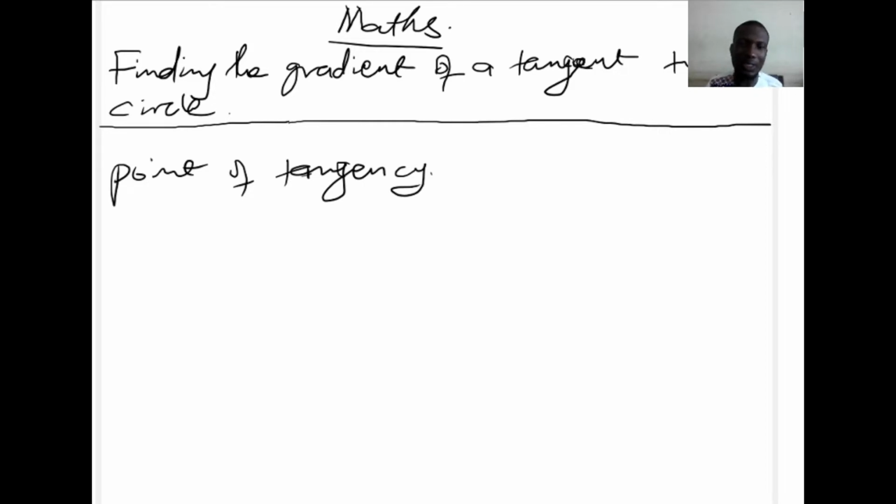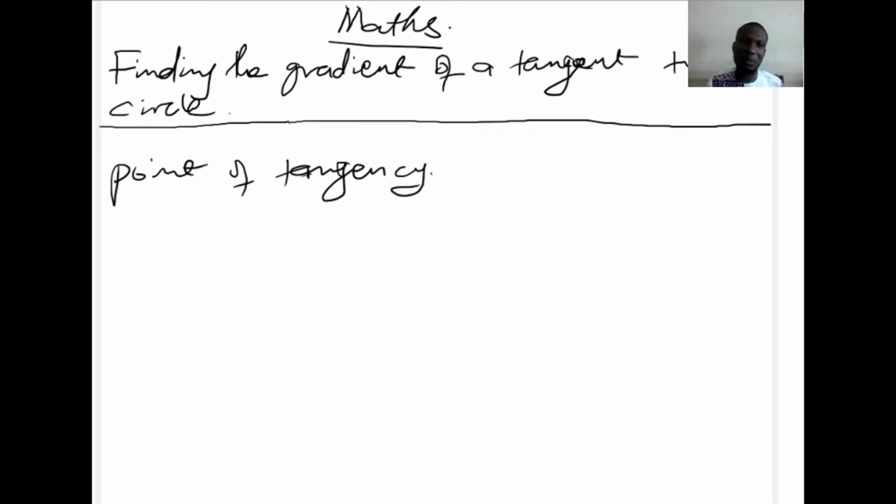So at the point of tangency, the radius of the circle and the tangent are perpendicular, meaning the angle between them is 90 degrees. And because of this relationship, the gradient of the tangent can be known if we know the gradient of the radius to the circle.